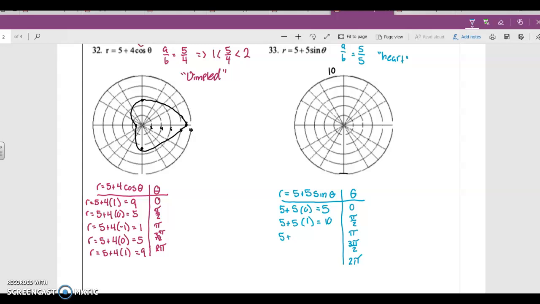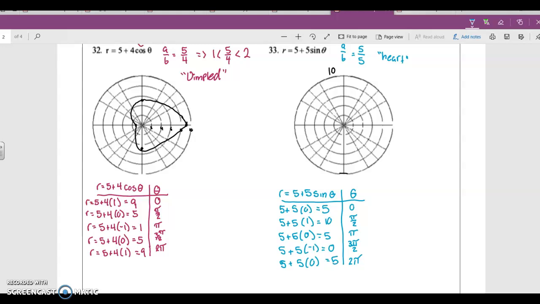Next up, 5 plus 5 times sine of pi, which is 0, equal to 5 again. 5 plus 5 times the sine of 3 pi over 2, which is negative 1. So this is equal to 0. And then again, we're back at 2 pi. 5 plus 5 times 0 is equal to 5.